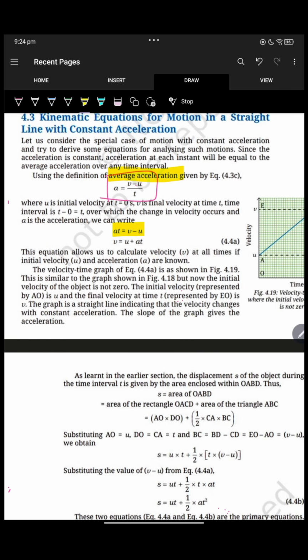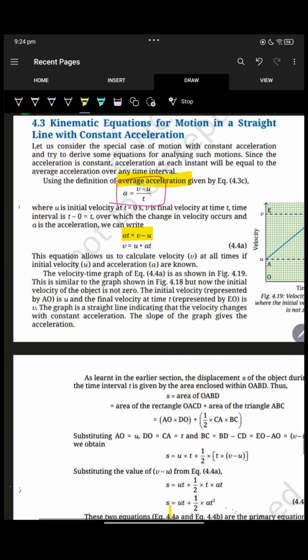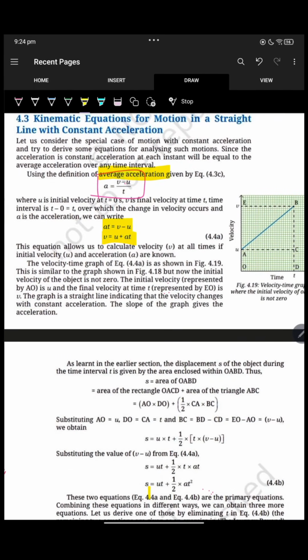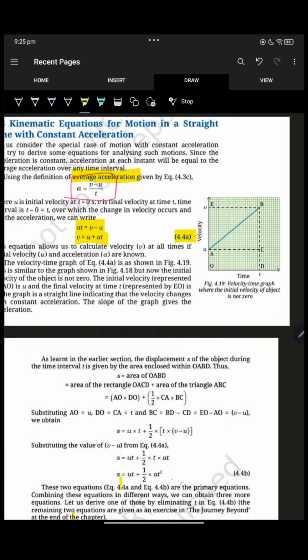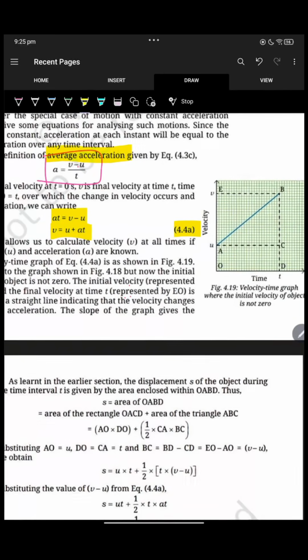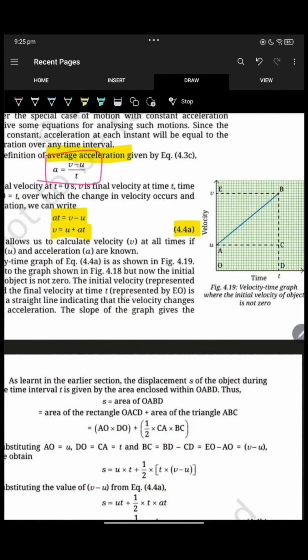Now this is the first equation of motion, equation 4.4a: v is equal to u plus a t. Here we can see this is in the form of y is equal to m x plus c.